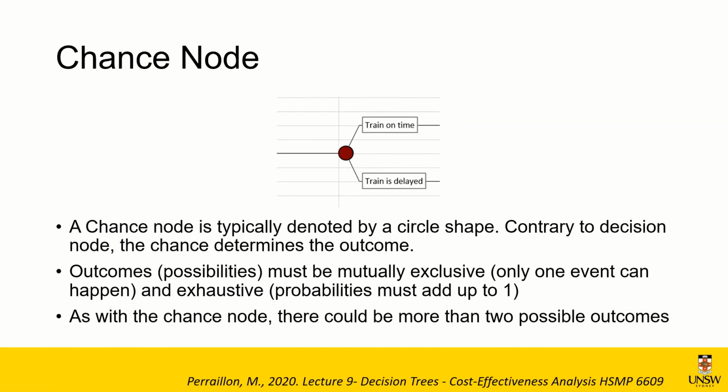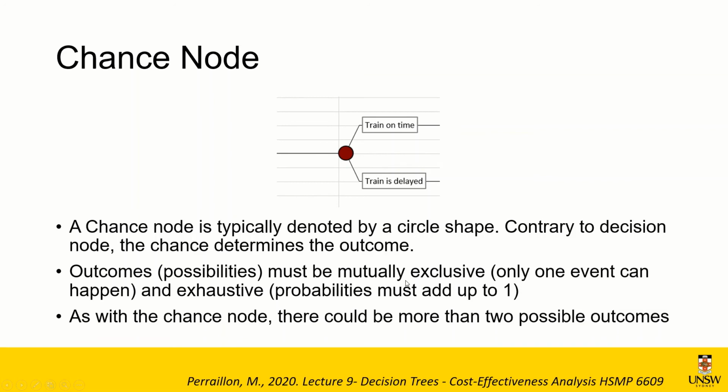The train cannot come on time and be delayed likewise, right? It has to be mutually exclusive and exhaustive. Very important that the probabilities of all these events should add up to one. Okay, so those two are very important aspects when it comes to the decision tree.